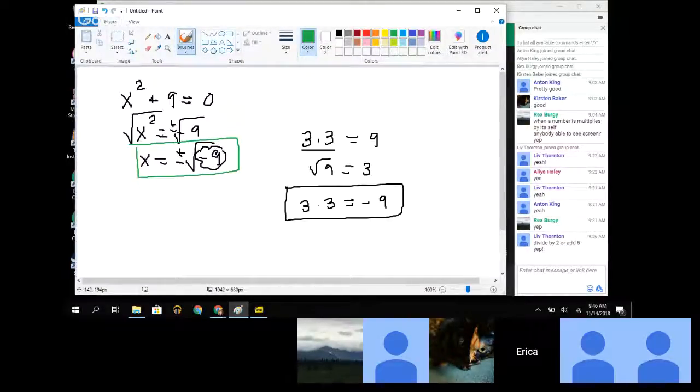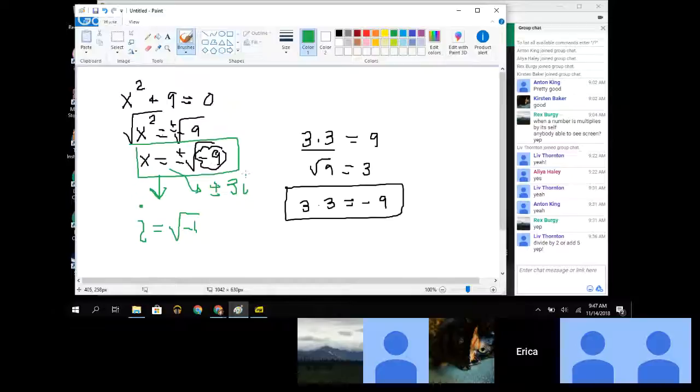So what mathematicians have done to combat that is that we have something called an imaginary number. The imaginary number is i, the square root of negative 1. Okay, so in this particular case, the square root of negative 9 would equal 3 times i, because you can take this and we know that the square root of negative 1 is i.